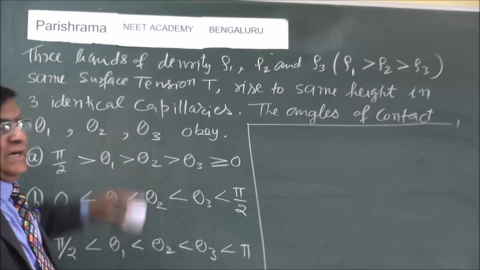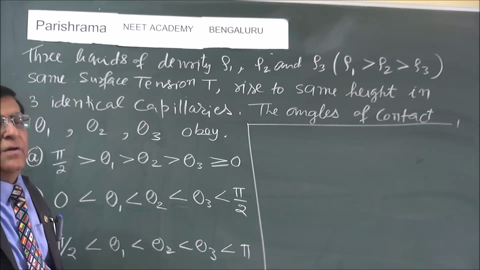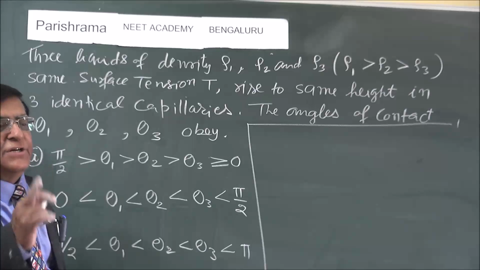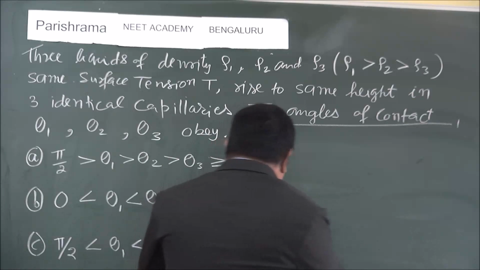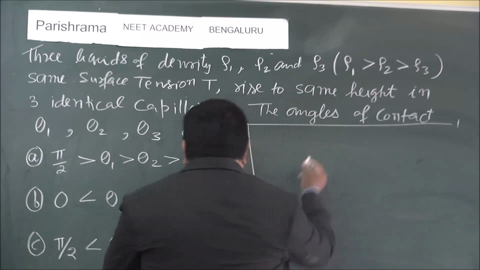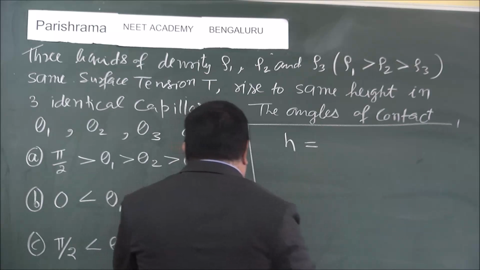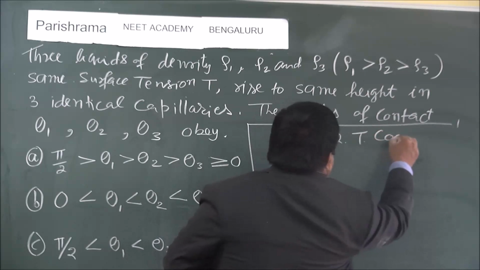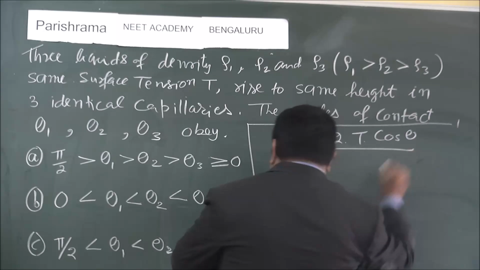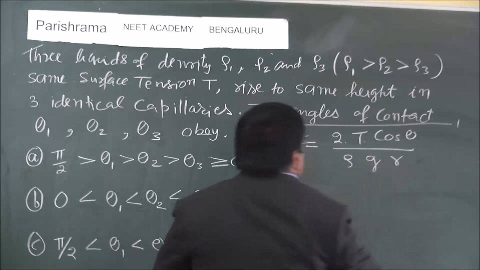density, theta. So, do you remember any formula of the height in relation to these? Yes. What is that formula? The height is equal to 2T cos theta divided by density, g and radius.